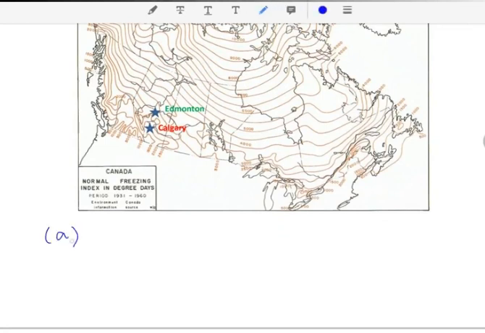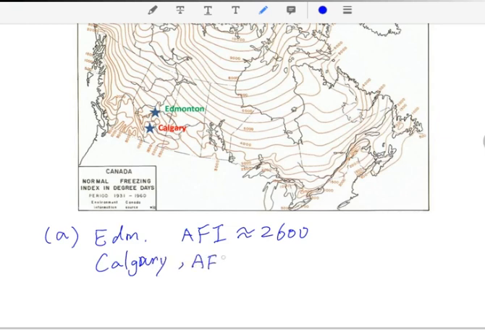For example, Edmonton AFI is approximately 2,600, and for Calgary AFI is approximately 2,000.